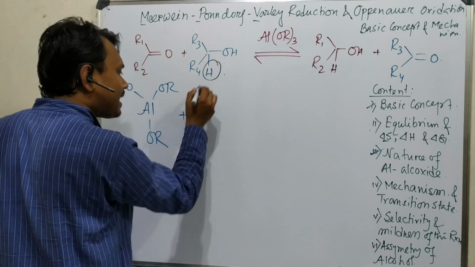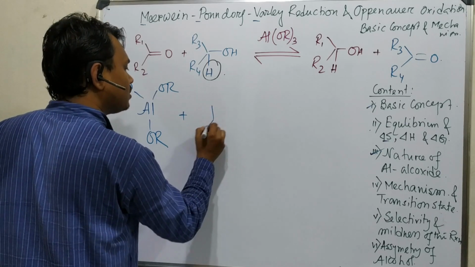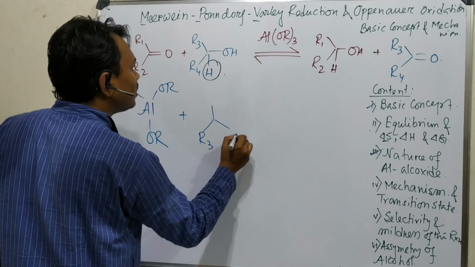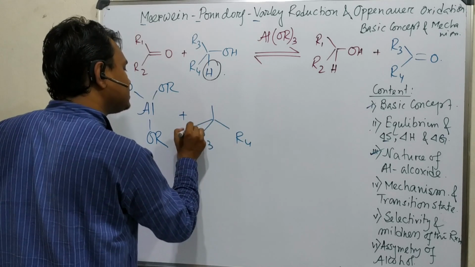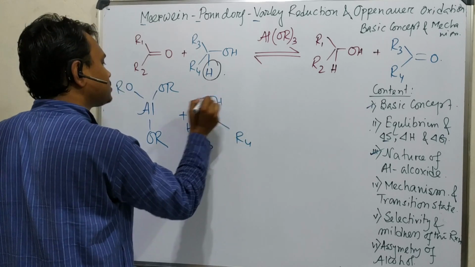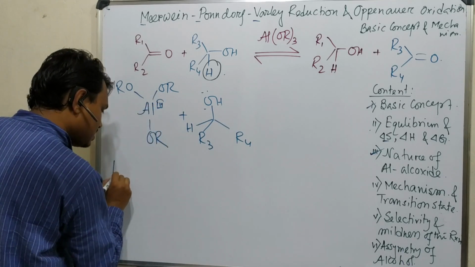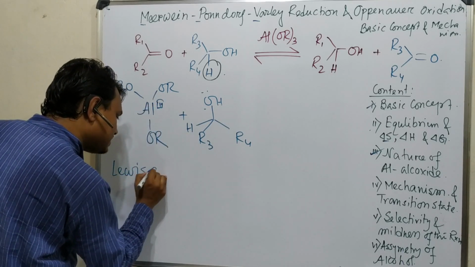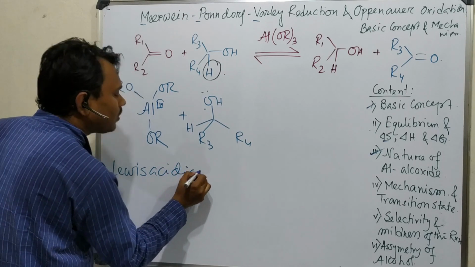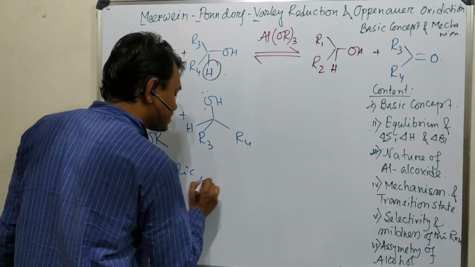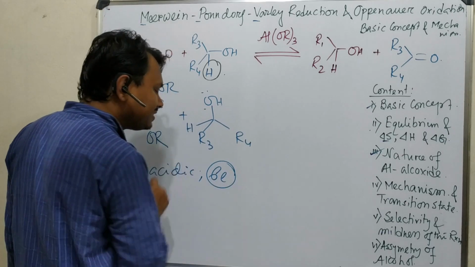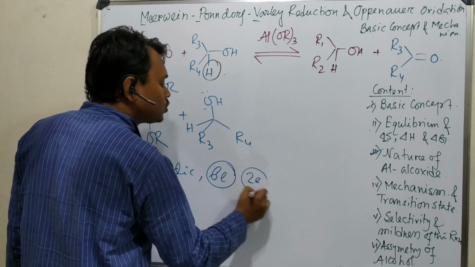So when a secondary alcohol, R3, R4, this is hydrogen, this is OH. What can happen? Aluminium 3 is a Lewis acid. Why? Because its outermost valence shell contains 6 electrons, so it needs another 2 electrons to get stabilized.